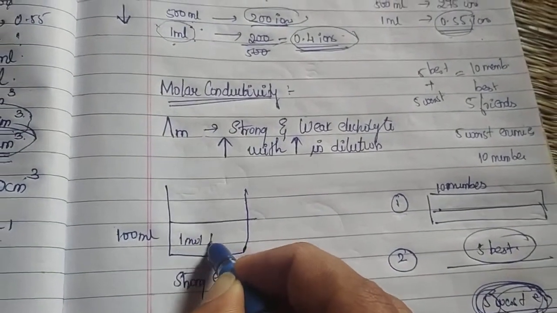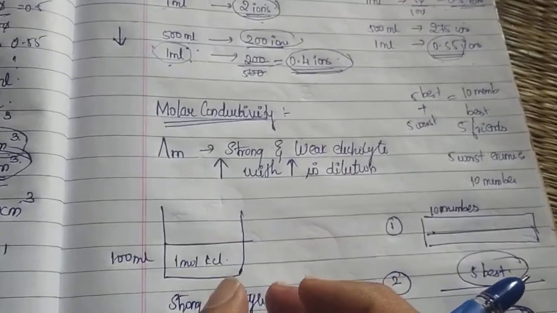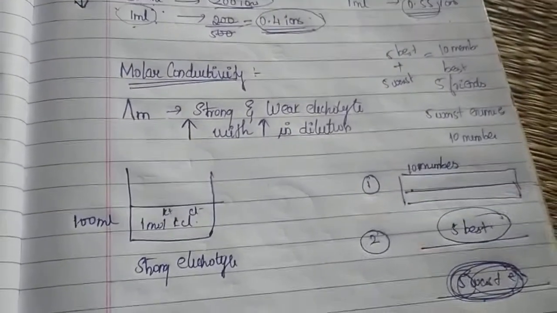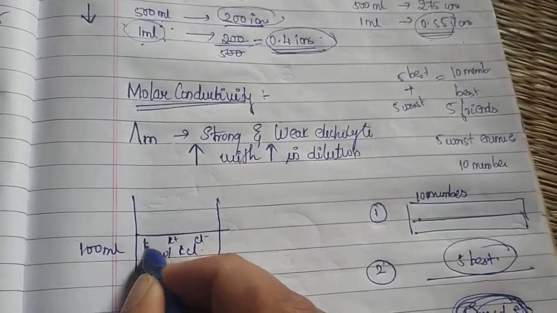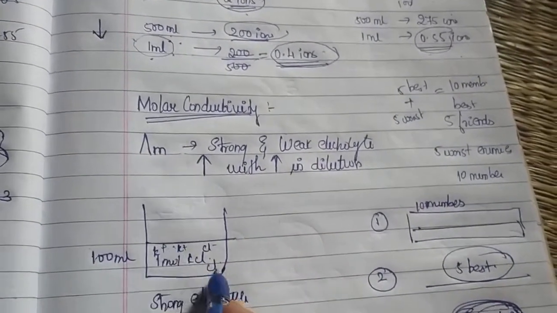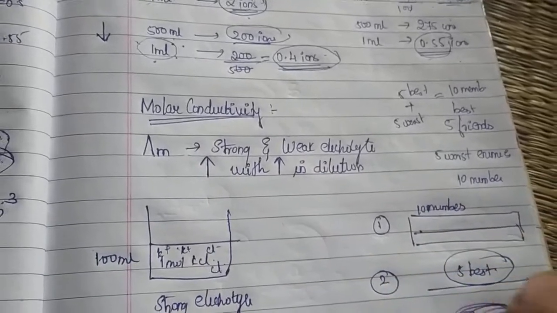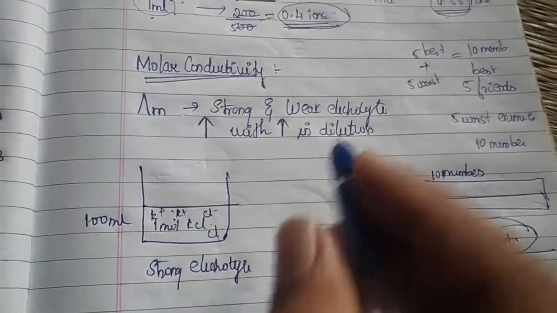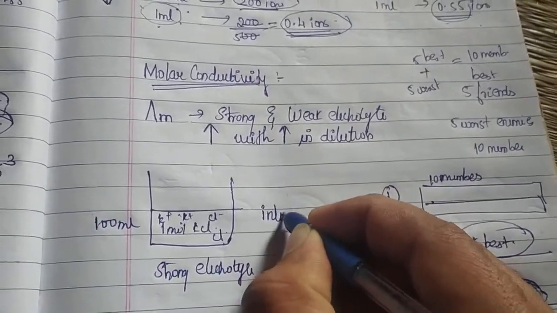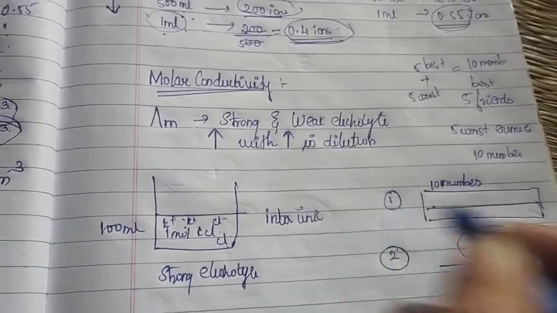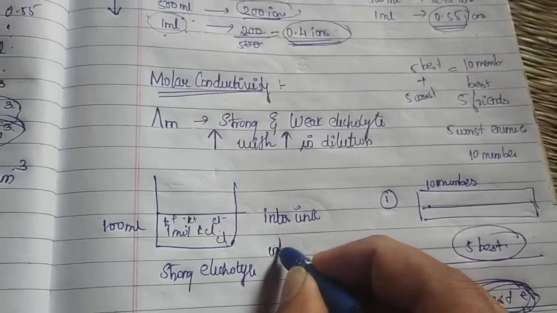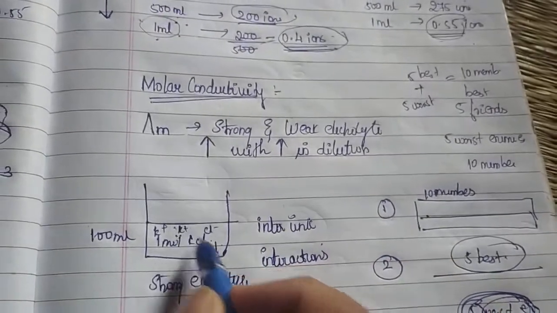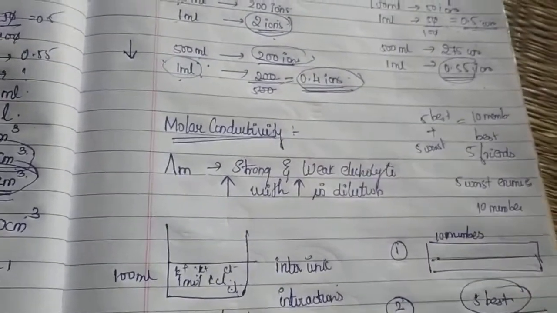Here 1 mole of KCl dissociates into K+ and Cl-. But the K+ and Cl- will be in inter-ionic repulsion or attraction. In simple words, inter-ionic interactions.